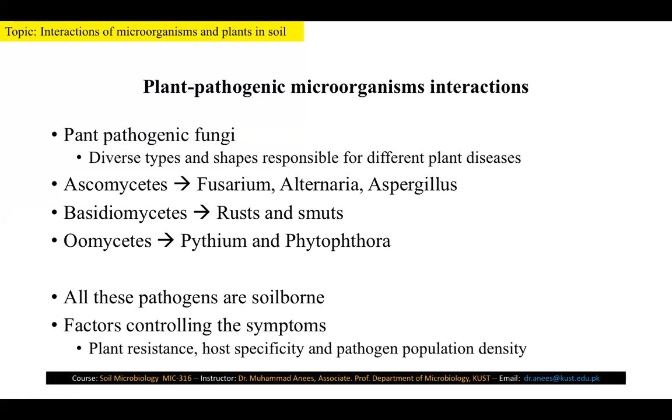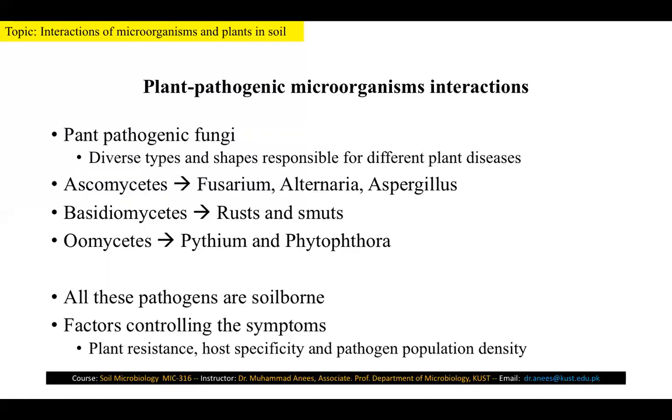There are a number of factors which control these symptoms. These factors include the resistance in the plant, how resistant the plant is. The resistance is controlled by the genetic factors that are present in the plants.